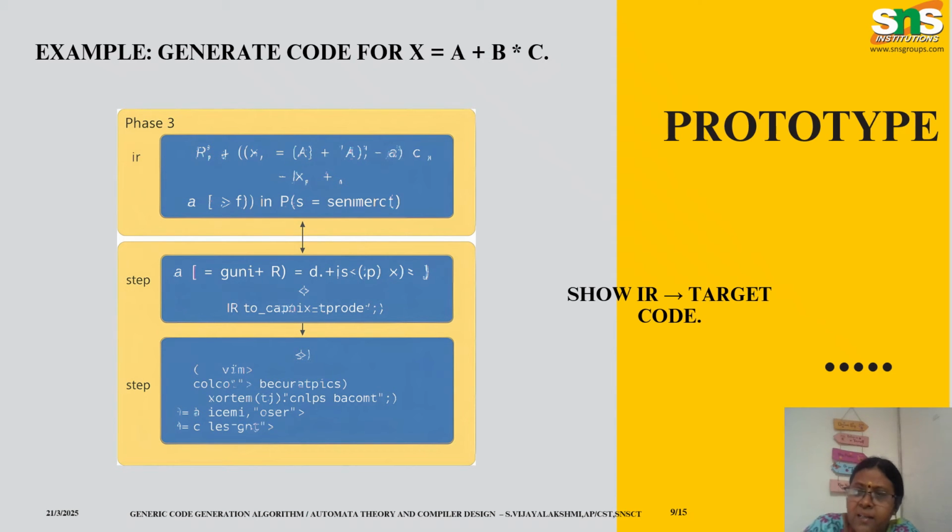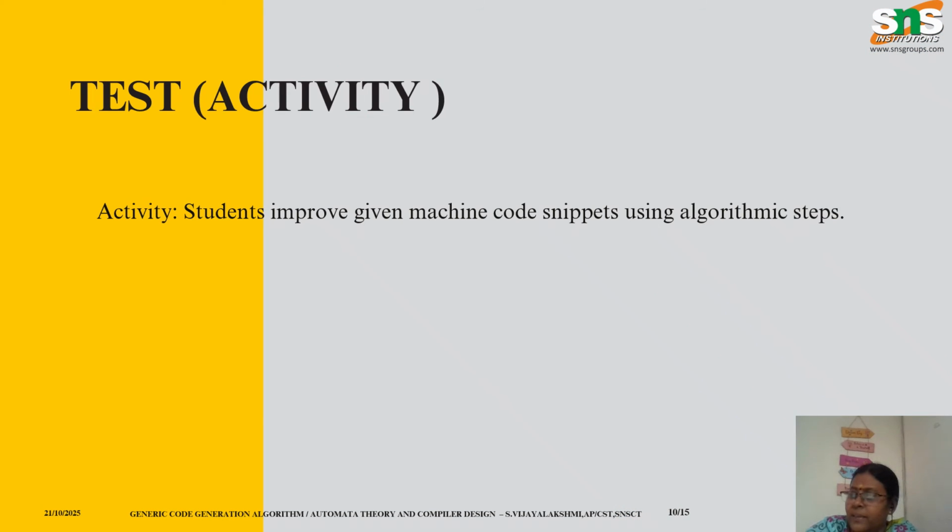And the generated machine code: move R1 comma B, then move R1 comma C, add R1 comma A, and then move X comma R1. Going through this, we can see how the compiler converts abstract operations into efficient and sequential instructions.